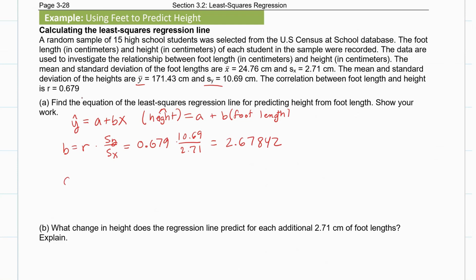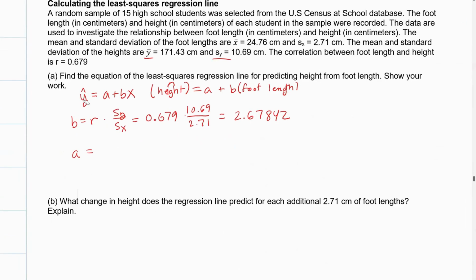Now let's calculate A. Remember the formula for A was y bar minus b times x bar, which in this case y bar is 171.43, minus 2.67842, and we're going to multiply that by x bar, 24.76. So let's go ahead and put that in.